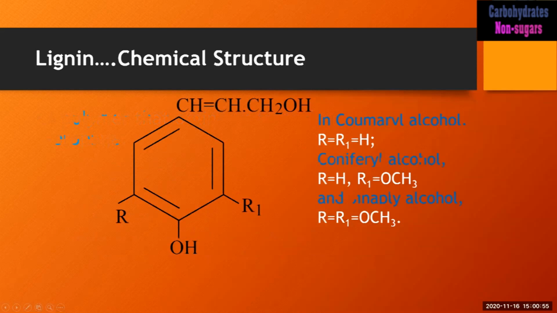Depending upon the configuration, if the R and R1 positions are occupied by hydrogen, it is coumaryl alcohol. If R is occupied by hydrogen and R1 is occupied by OCH3, it is coniferyl alcohol. And if both R and R1 are occupied, then it's sinapyl alcohol.